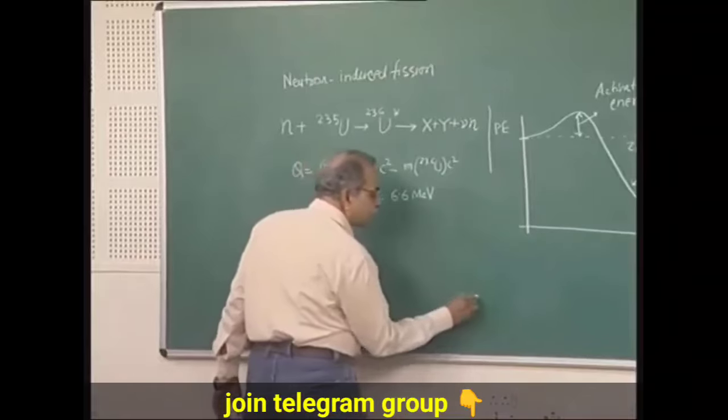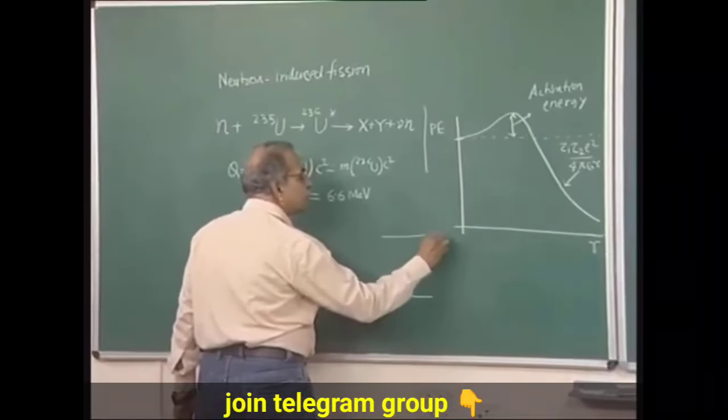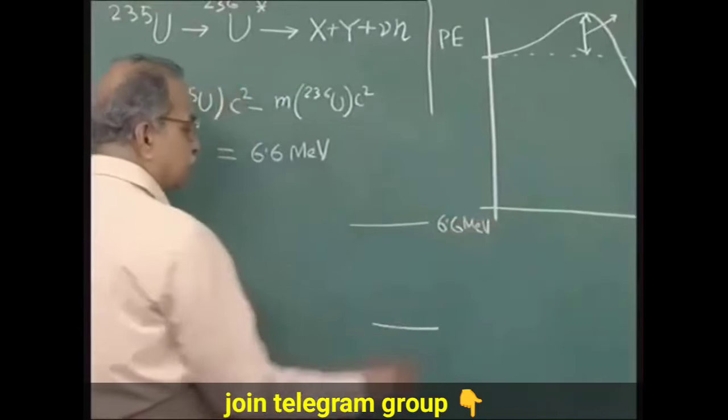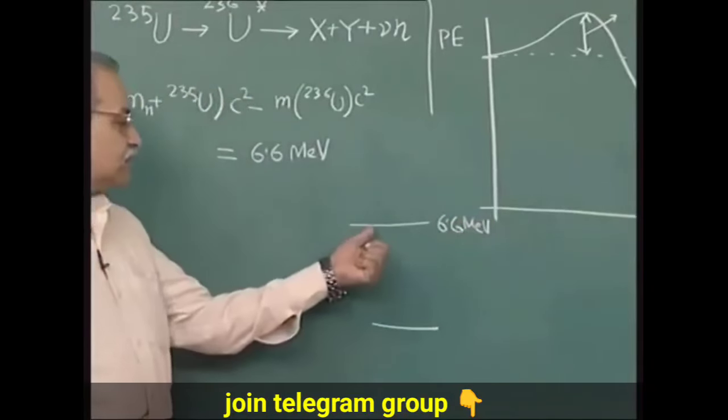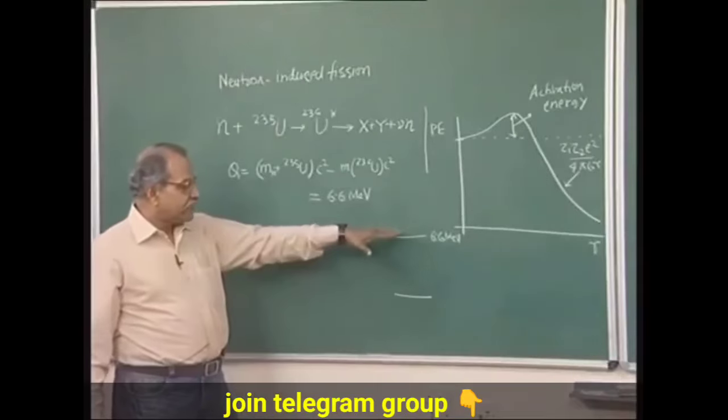Okay. So, here is the ground state and here is, let us say, 6.6 MeV. It is not necessary that you write a particular level here, but let us say it is there.